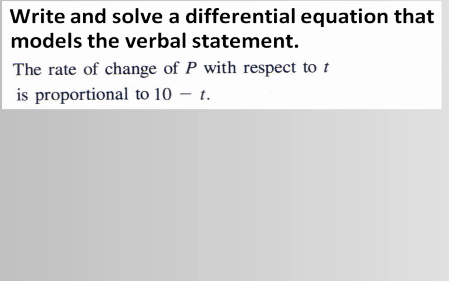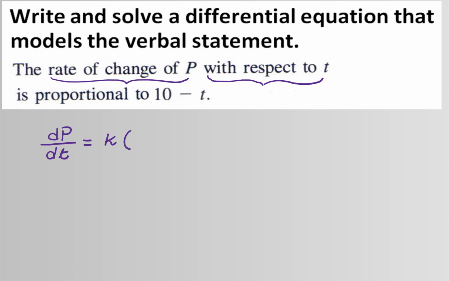The rate of change of p with respect to t is proportional to 10 minus t. The rate of change of p is dp with respect to t is dt, is proportional to 10 minus t, equal k times 10 minus t.